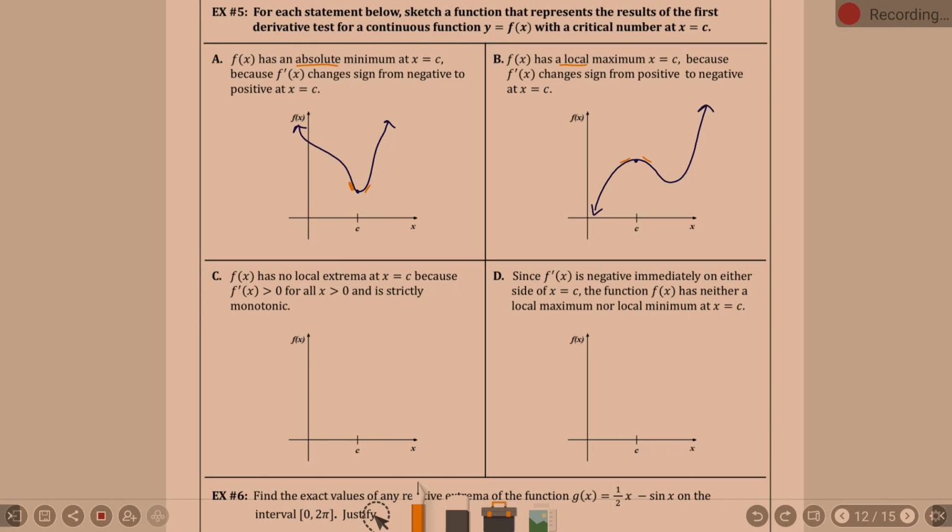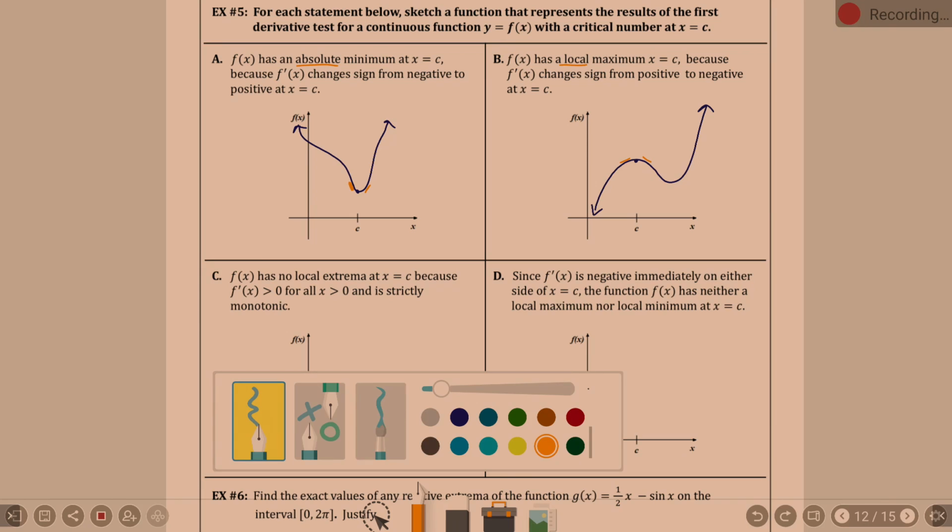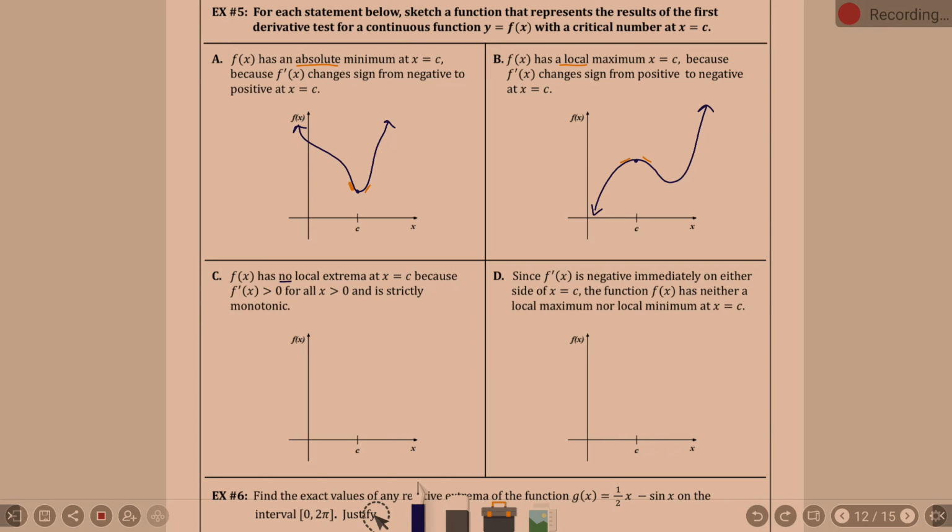Okay, ready for C? F of x has no local extrema at x equals c because f prime of x is greater than 0 for all x and is strictly monotonic. Would it be just one straight line then?